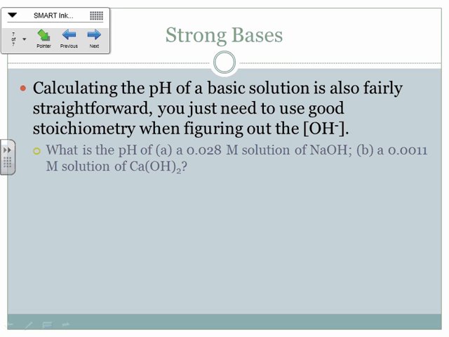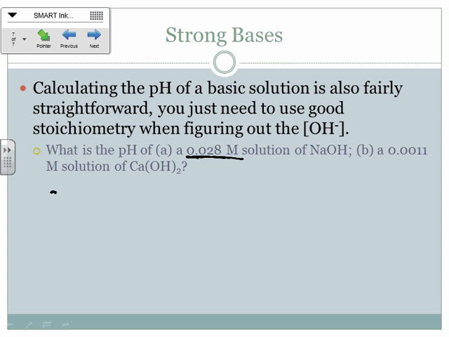Okay, negative log of this concentration. Is that concentration the same as our OH minus concentration? On this one it is, right? Because it's a one-to-one ratio here between the sodium and the hydroxide, okay?